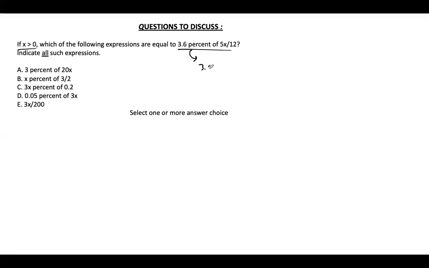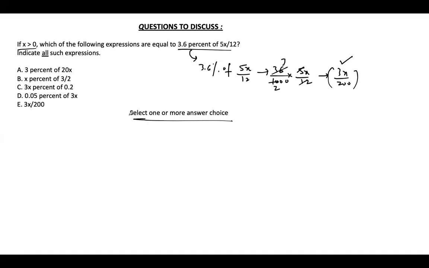Let's simplify. 3.6% would be 3.6 upon 100, which would be 36 upon 1000, times 5x by 12. 12 threes are 36, and this would be 3x upon 200. So whichever option is giving you 3x by 200 as your answer will be that expression.